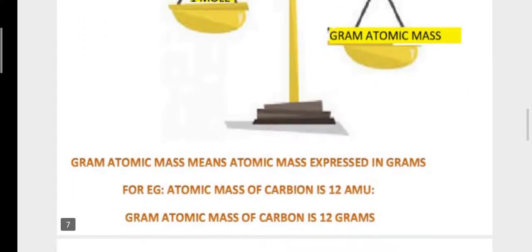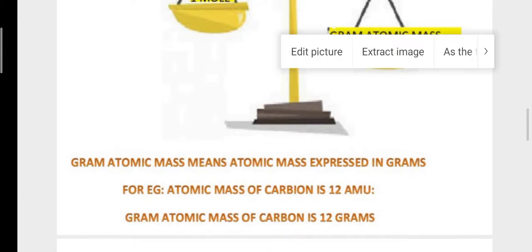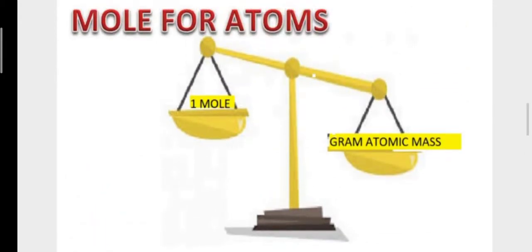The atomic mass expressed in grams. So 1 mole of atom is equal to 1 gram atom of that element.